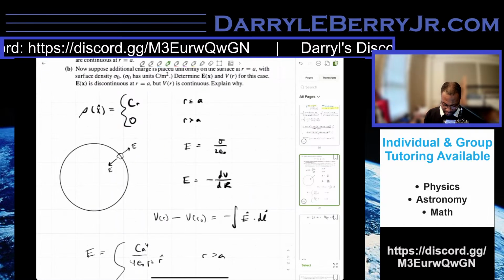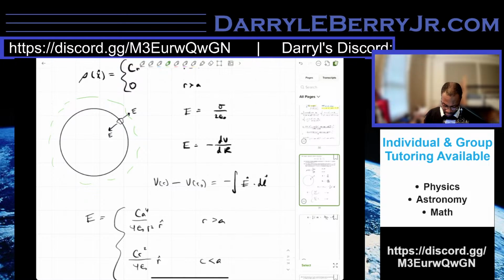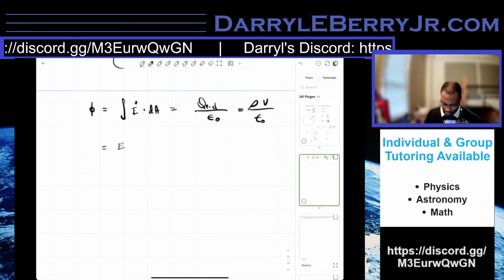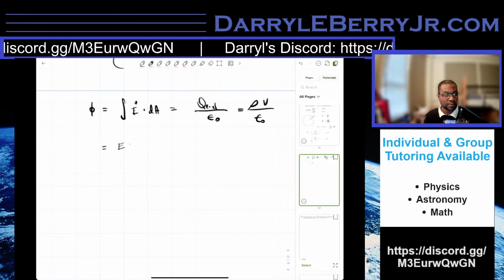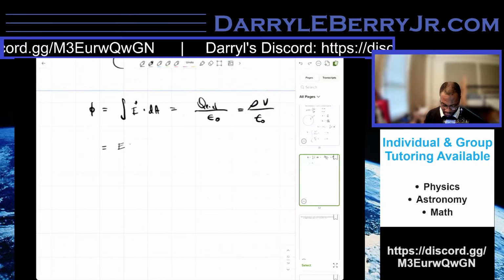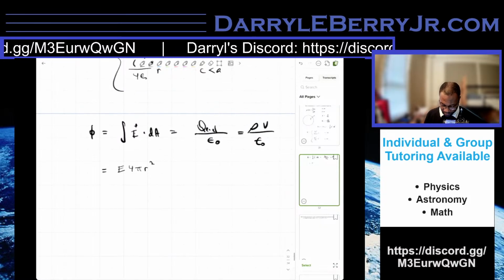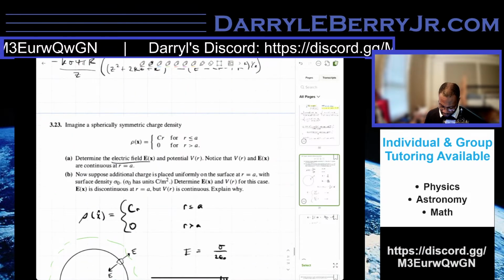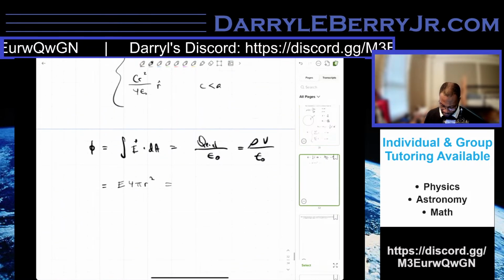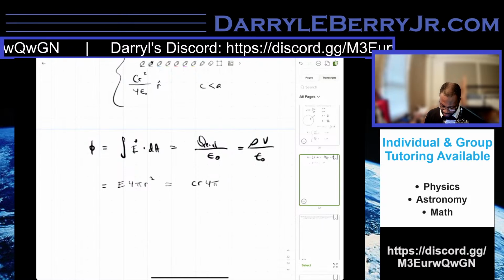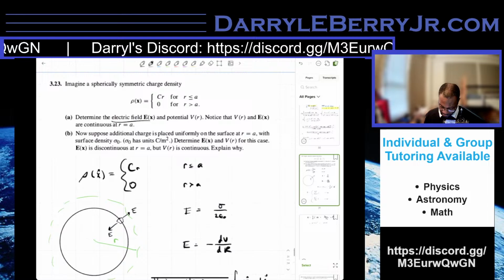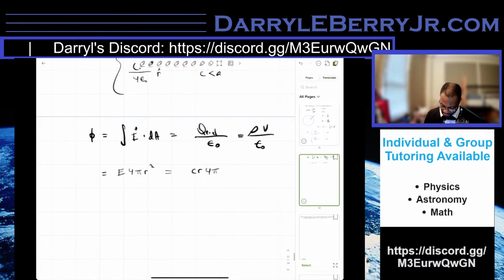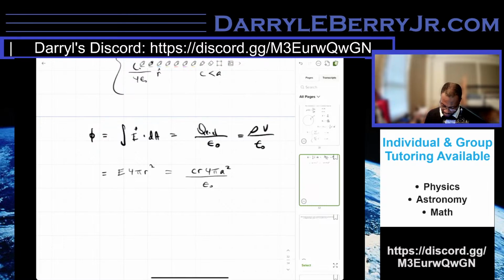So if I make a Gaussian surface, let's see here, and I call this r, this should be E times 4 pi r squared for the surface area, and that should equal C times 4 pi a squared over epsilon naught.